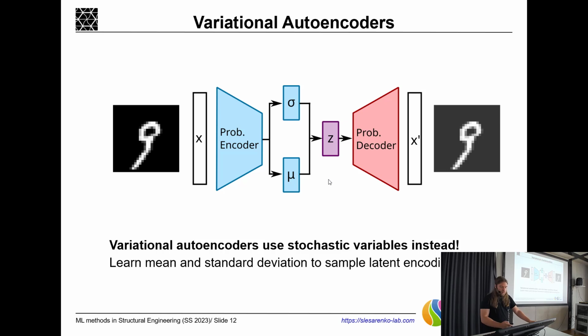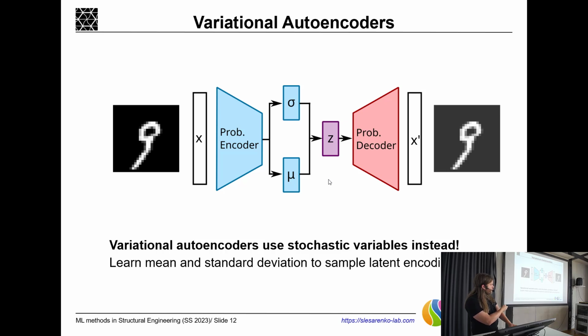That means the encoder doesn't produce a fixed value, but it produces a mean and a standard deviation. So basically a distribution. The encoder produces this small distribution, we sample from this distribution, and that gets our encoded value.